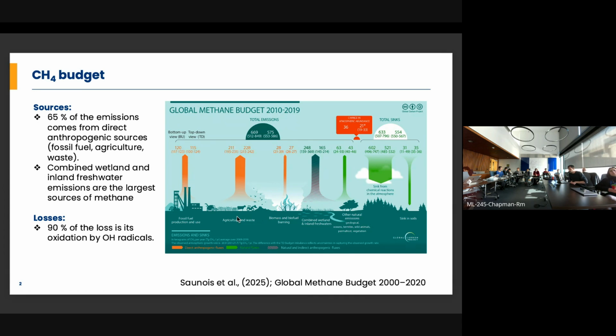And the thing, as opposed to CO2, is that methane loss is entirely controlled by chemistry, and 90% of it is driven by tropospheric OH. And so this is the main interest here, because you can see the spread in emissions and chemical loss is very large. And the only way to constrain emissions in a way that would be acceptable for predicting future persistent climate, you would need to reduce OH.